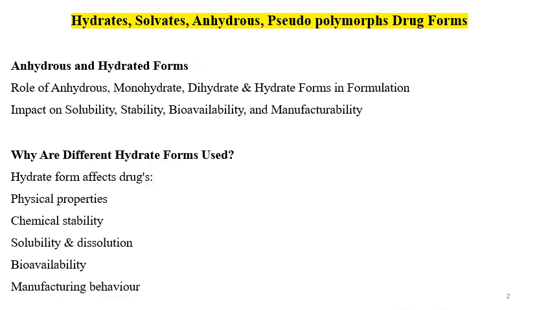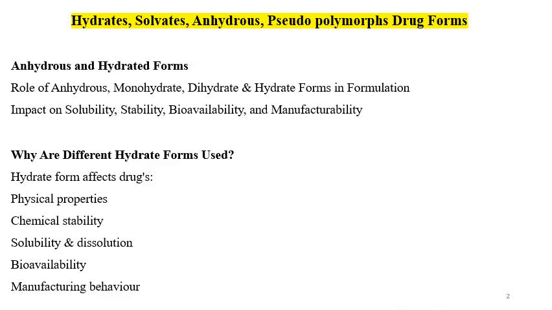Why are different hydrate forms used? So hydrate forms affect the drug's physical properties, chemical properties, physicochemical properties, you can say, chemical stability, intrinsic solubility, intrinsic stability, dissolution, solubility, bioavailability, and the manufacturing behavior.